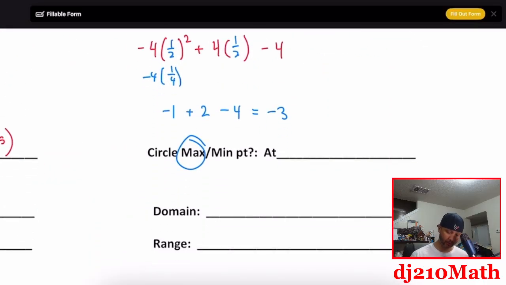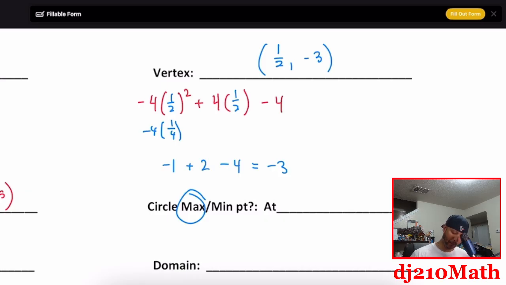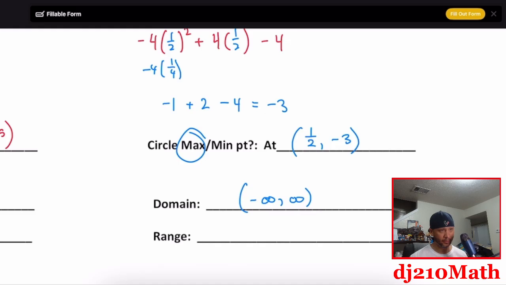So this is our first that has a max. A high point. So it's at the vertex. The domain, again, all real numbers. And the range. Okay, so this one's a maximum. So this one's going to go from negative infinity. Since it's a max, it's going to start at negative infinity and go towards the y value of the vertex. There it is.